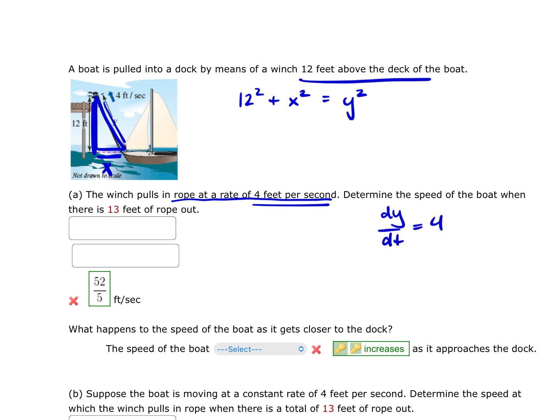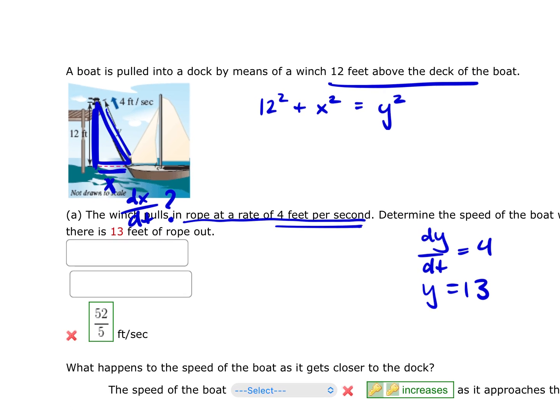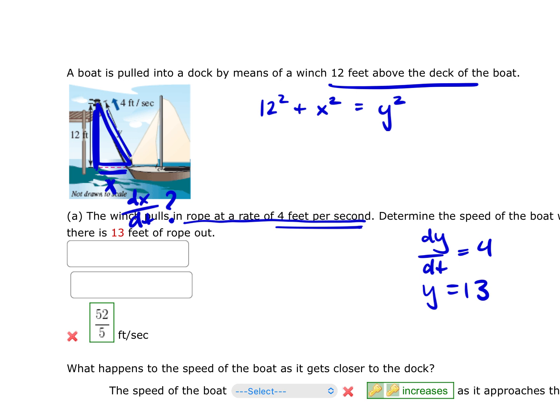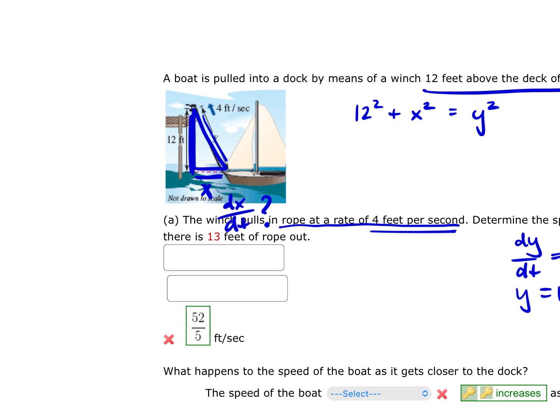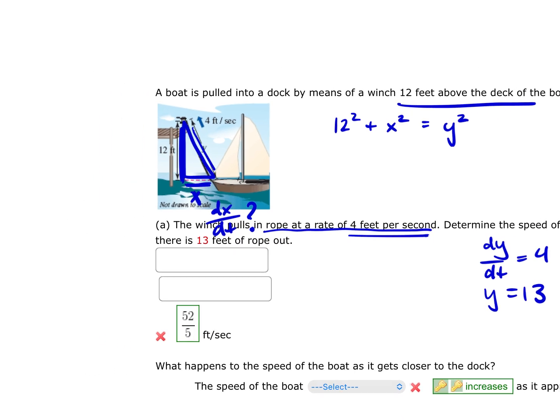Determine the speed of the boat when there is 13 feet of rope out. So y is equal to 13. We're looking for how fast the boat is going towards the dock, so that would be dx over dt. So first, let's find the distance from the boat to the dock. Let's find x when y is 13.